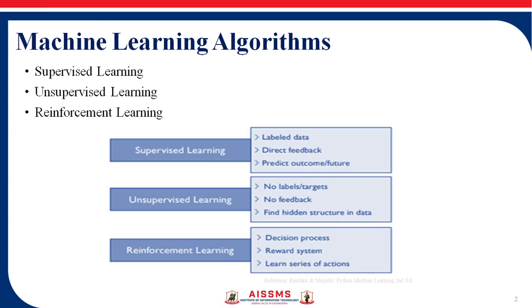So in case of unsupervised learning, we do not have labeled data, no labels. Here you can see no labels or targets, no feedback, to find the hidden structure in the data.